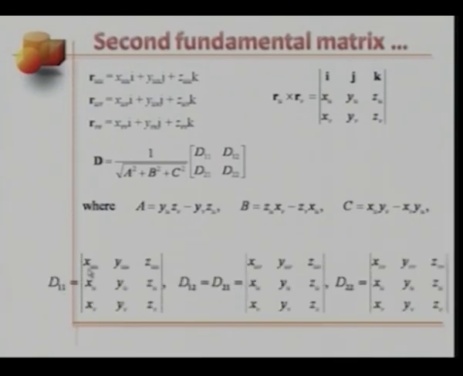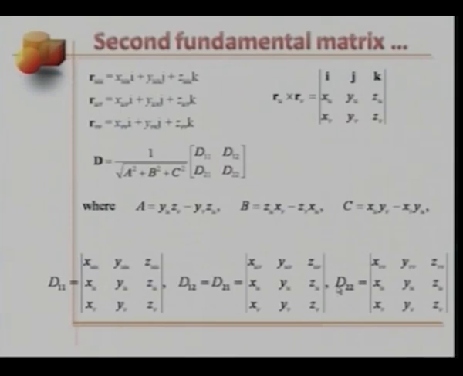D11 is the determinant of this 3 by 3 matrix: xuu yuu zuu; xu yu zu; xv yv zv. D12 is the same as D21, which is the determinant of the second 3 by 3 matrix: xuv yuv zuv; xu yu zu; xv yv zv.